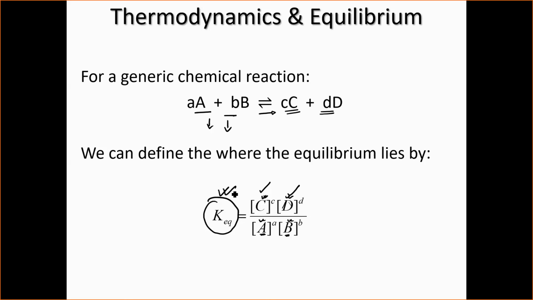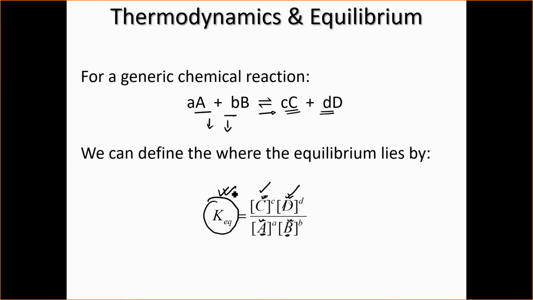Now let me put the same question in a different way. If the reaction is favorable, will the equilibrium constant K be high or low? If the reaction is favorable, it means the reaction can undergo and give you more product.